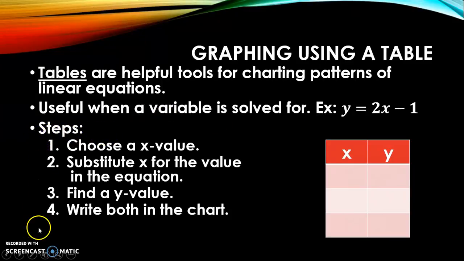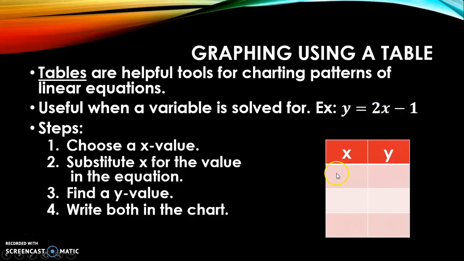First, you'll choose your x values. When you make your x and y table, you'll choose what x values you want. Then you need to replace x in the equation with the values you chose. Every time you write a different value in the table, you need to work with the equation with the substituted value.